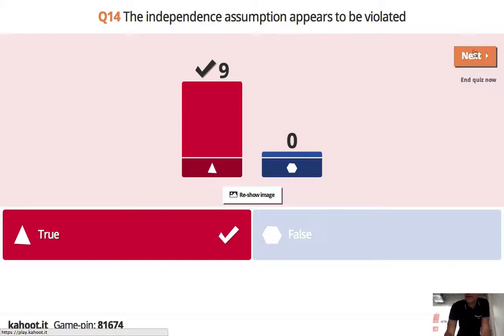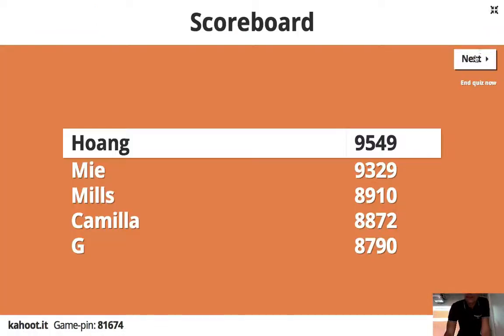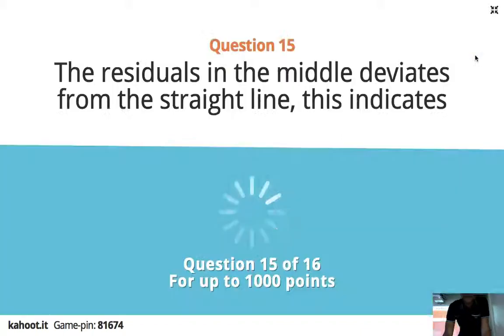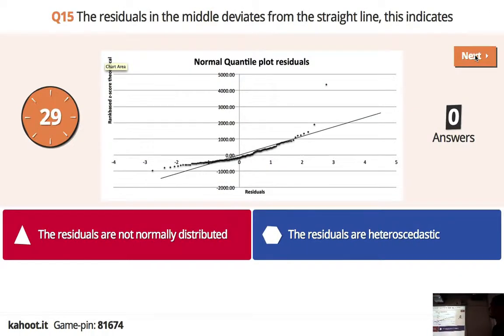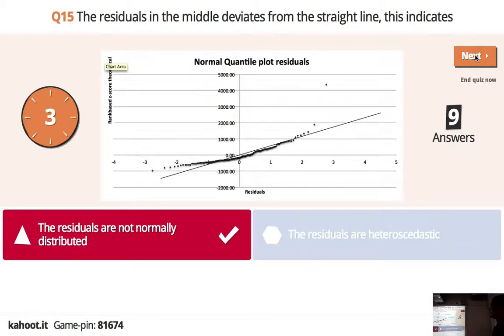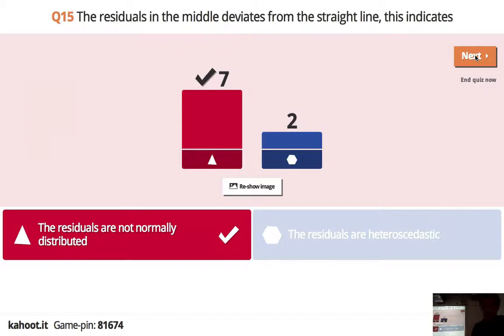So that would be time series. Very good.